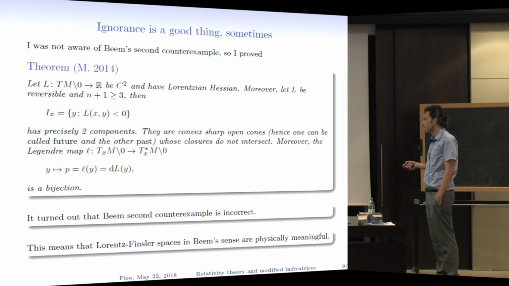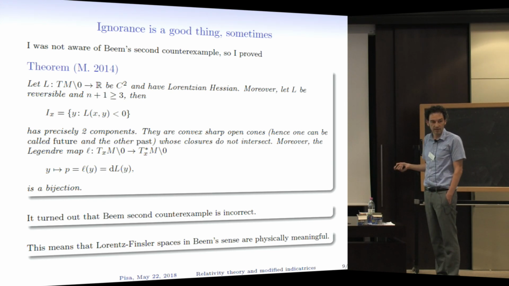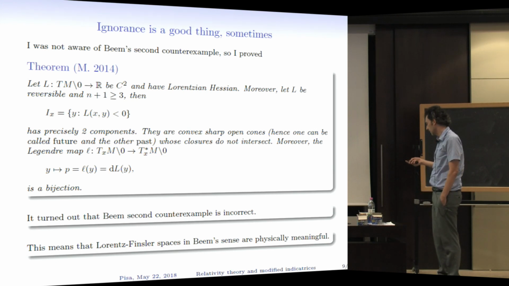And the Legendre map to the momentum space is a bijection. So it turned out, in fact, that the counterexample is incorrect. The determinant was 0 at some points, but it was very difficult for him at the time to find this problem. I found it with Mathematica.